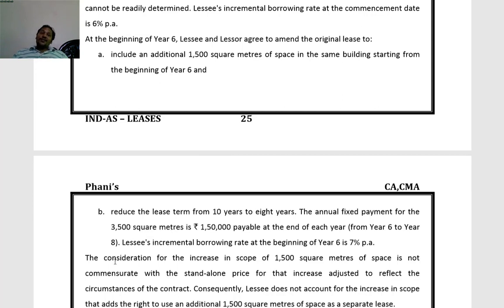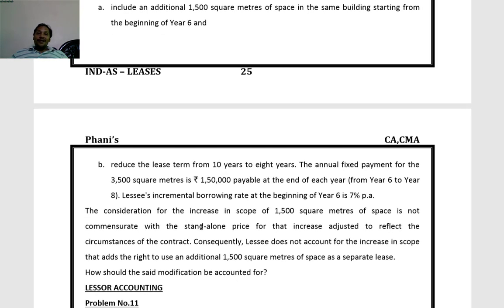Now see the additional sentence. The consideration for the increase in the scope of 1500 square meters of space is not commensurate with the standalone price for that increase, adjusted to reflect the circumstances of the contract. Here it is clearly specified the consideration is not commensurate, not sufficient.